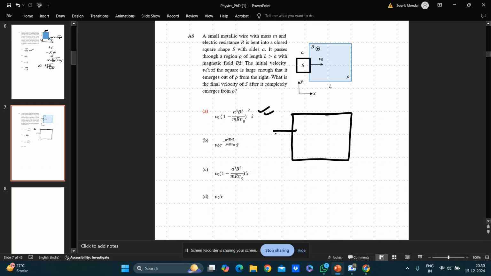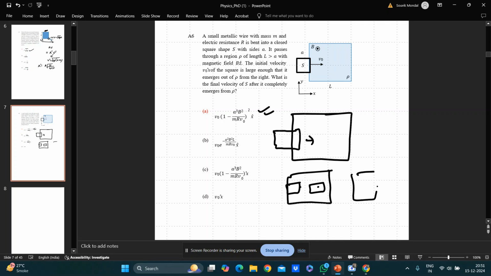The theory is, when this loop is going inside this region of magnetic field, the flux is constantly changing, because this area is changing. Once the loop has completely entered and is moving this way, no flux is changing, so its velocity will remain the same.